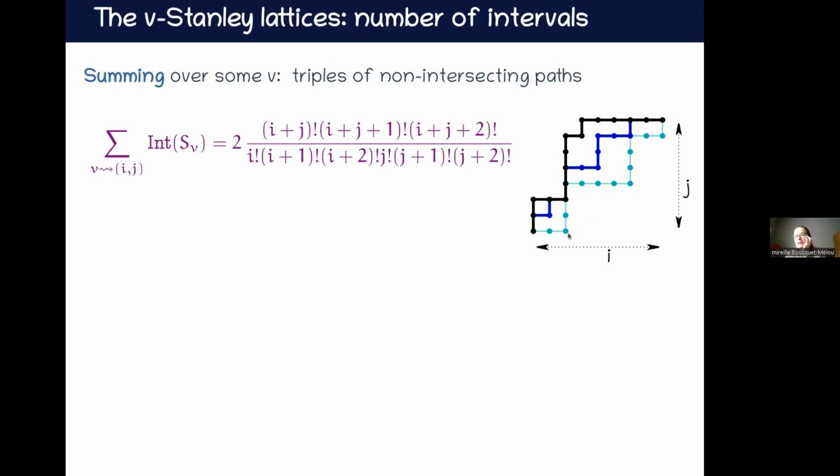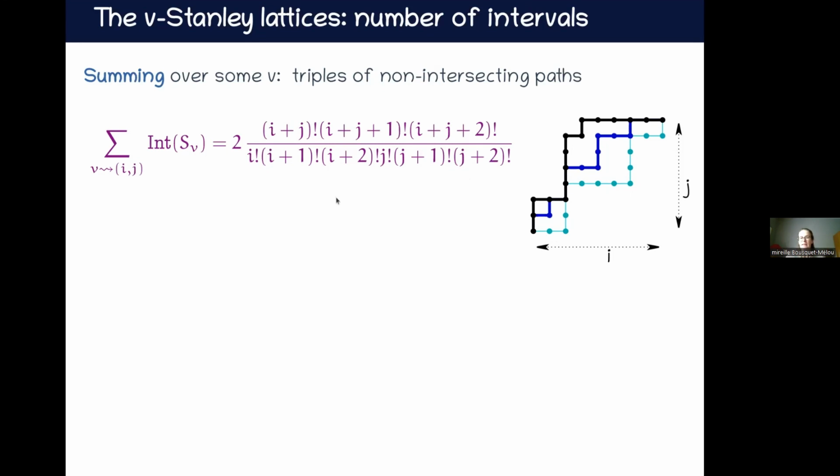So you see here in blue, I have my base path. And above it, these two paths form an interval in the corresponding lattice. So in total, this sum is counting configurations of 3 non-crossing paths, going from this point to this one. And this, again, we know how to count by a 3-by-3 determinant, and here are the numbers that you get.